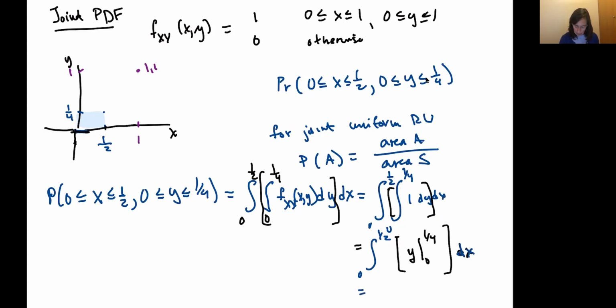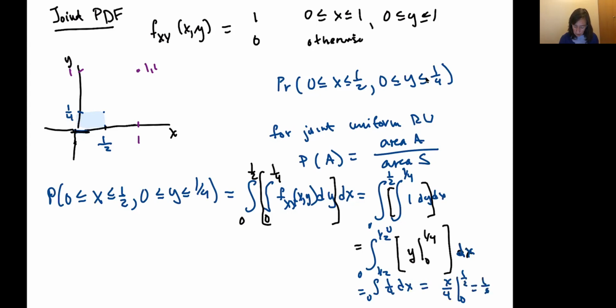So that equals the integral from 0 to 1/2 of 1/4 minus 0, just doing my definite integral the way I always would, substituting in 1/4 for y minus substituting 0 for y. So what I get is 1/4 dx. And now doing the integration with respect to x, I get x over 4 from 0 to 1/2.